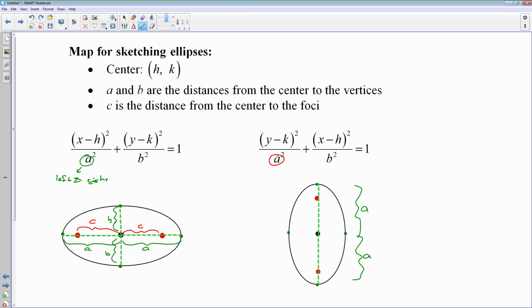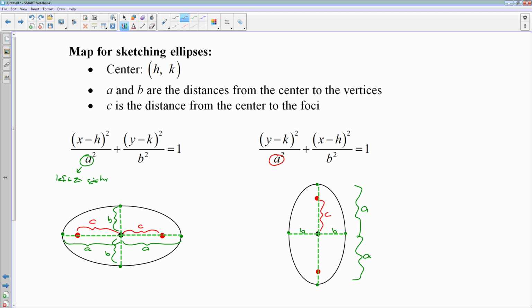And going left and right, since B is under the X, and X goes left and right, I would go B units left and right. So this distance right here is B, and this distance right here is B. And then same as before, you go C units to get to the foci.